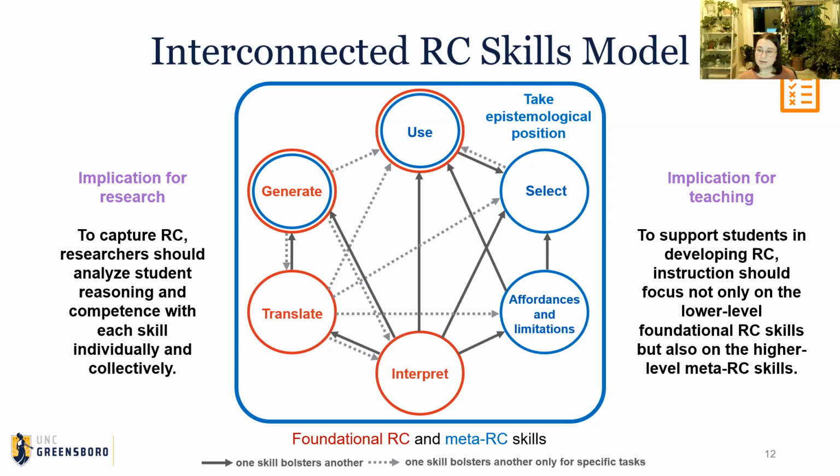Current studies, first of all, do not focus on the meta-RC skills. So there's barely any work focusing on this side of the model. Second, studies are designed to investigate maybe 2, maximum 3 RC skills.